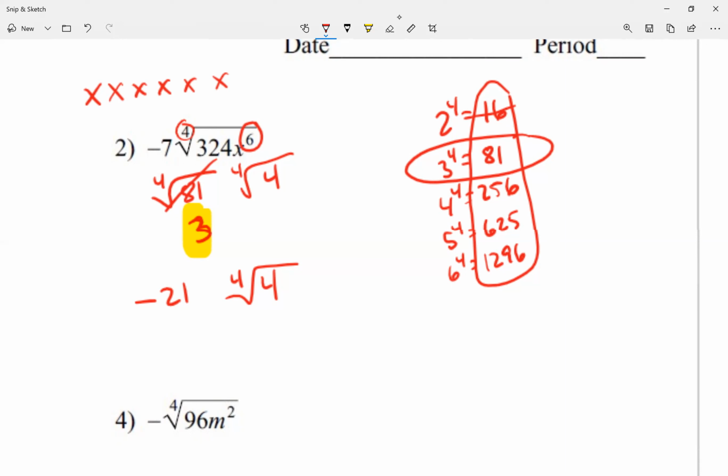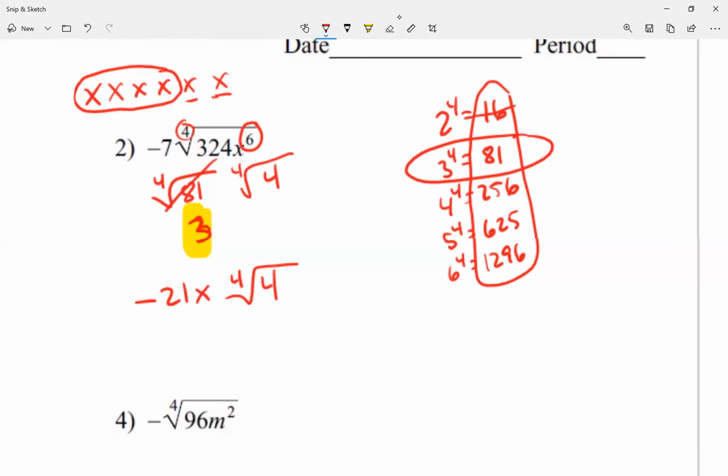My root is 4. What I'm asking here is, how many groups of 4 can you make? I can make this group. Again, the question is, how many groups? Just one group. So on the outside, I'm going to have x to the 1, which is just an x. If I was able to make 3 groups, I would write x to the 3. Now, those that I was not able to make in groups, in this case, we usually call this remainder.